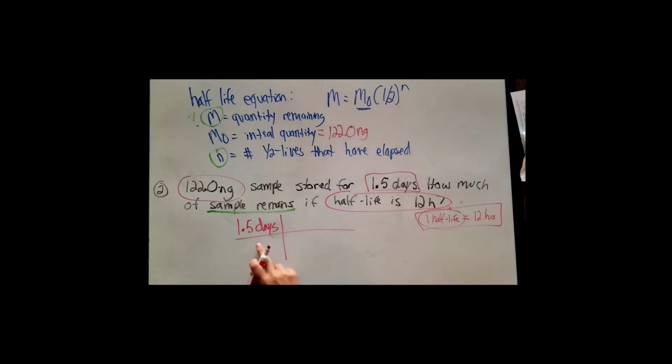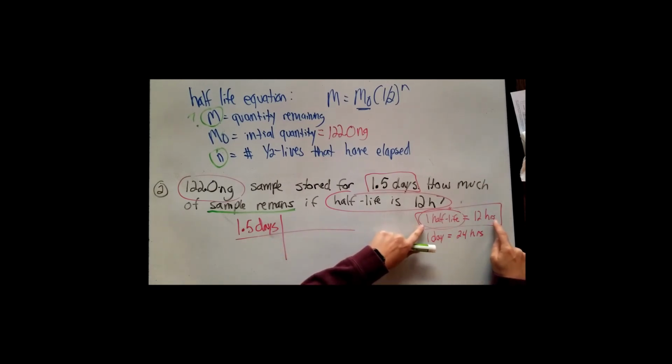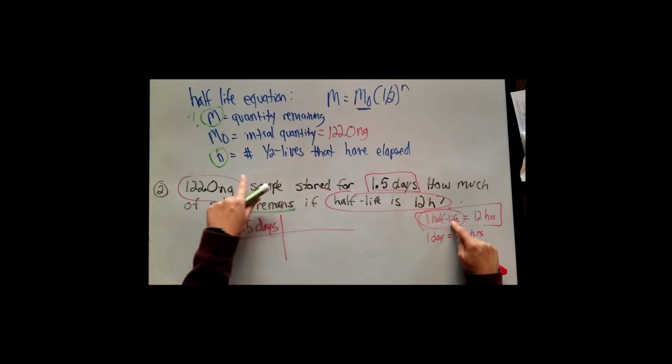But I'm not in hours, I'm in days. So in order to use this conversion factor, I need to get from days to hours. How many hours are there in one day? One day has 24 hours. That's a conversion factor we just know off the top of our head. So we can use this bottom conversion factor to get from days to hours, then this top one to get from hours to the number of half-lives.